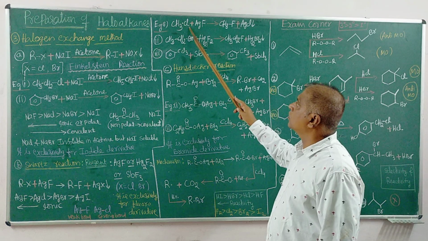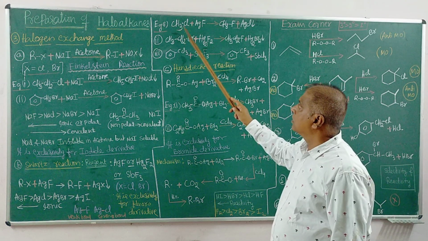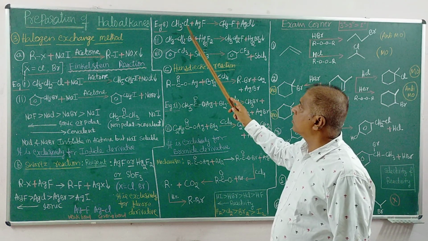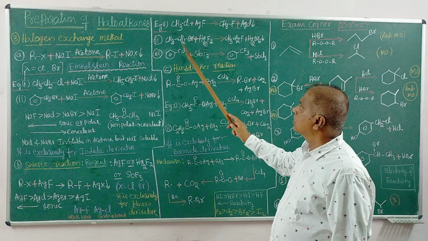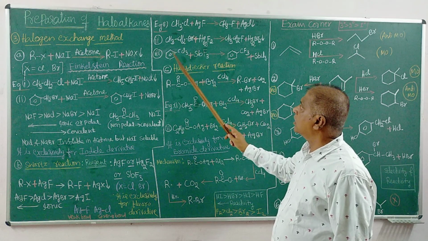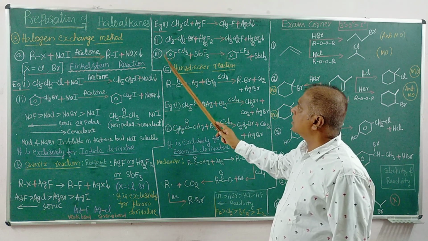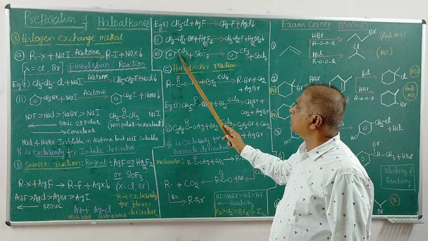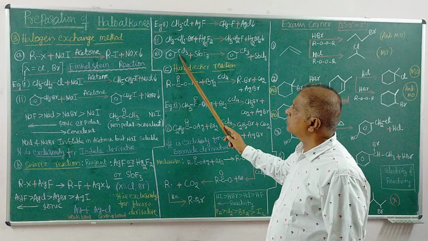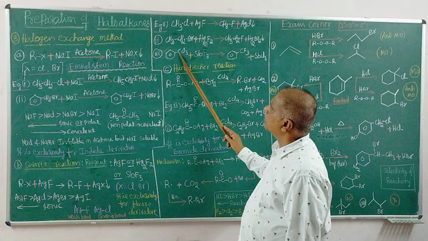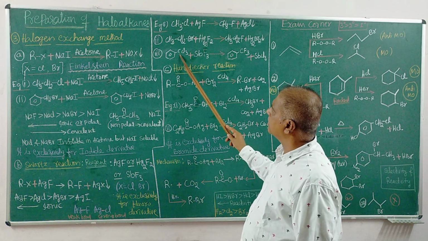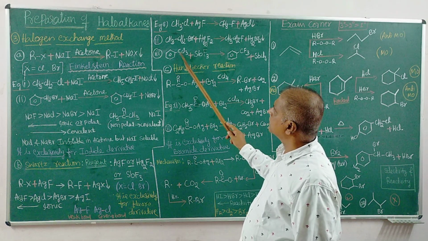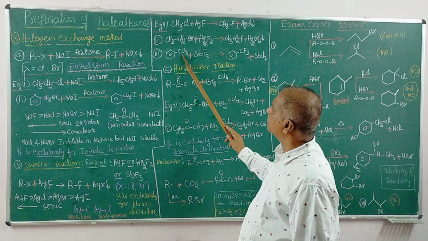It is a chloro derivative of methane, ethyl bromide, and here is an aromatic hydrocarbon, but this carbon is the halogen carbon, an alkane carbon with Cl3.